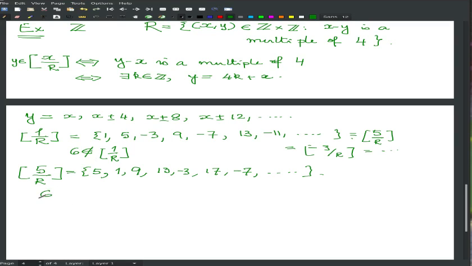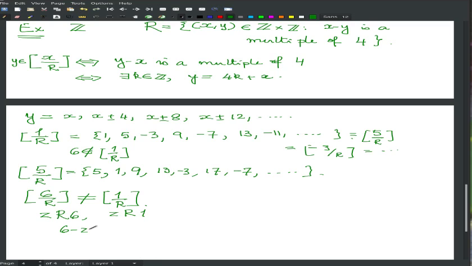Not only are they not equal, but they don't have anything in common. Suppose you had something which is common to both. So I am running that same argument. So this means 6 minus z is a multiple of 4.